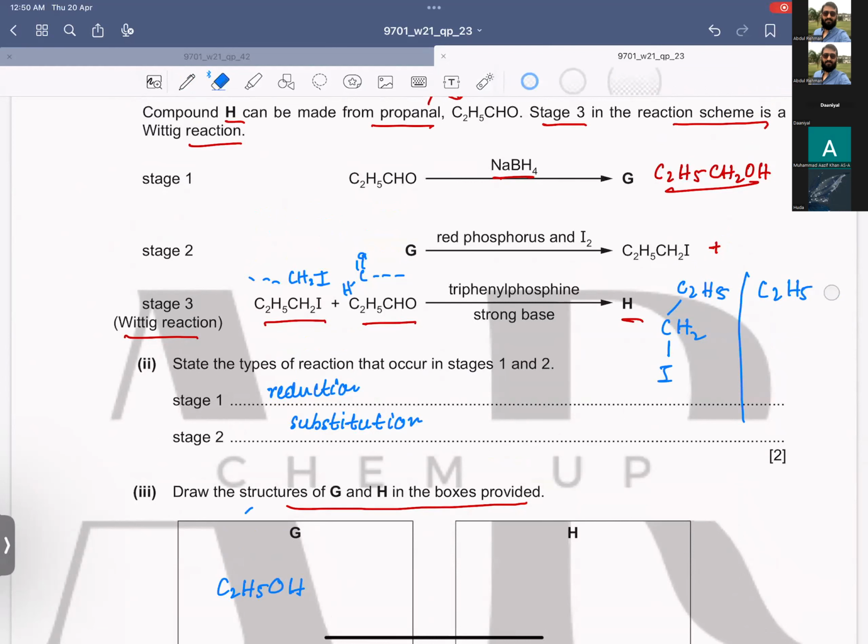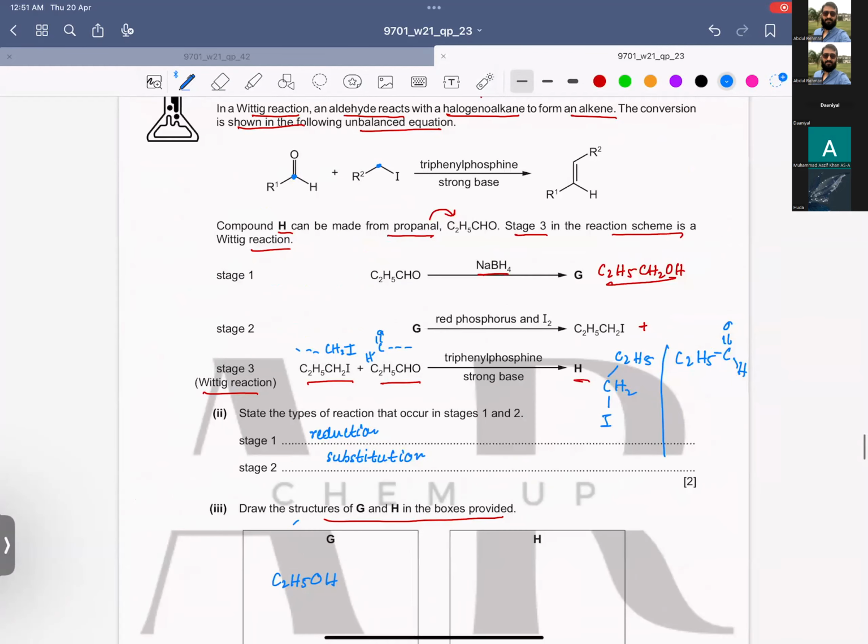Okay, and if I draw the open structure, it would be like this: C double bond O and H. So if you compare, the oxygen and the carbon with which the iodine is bonded, these two carbons, this one is actually this one, and this one is this over here. So a double bond is formed.